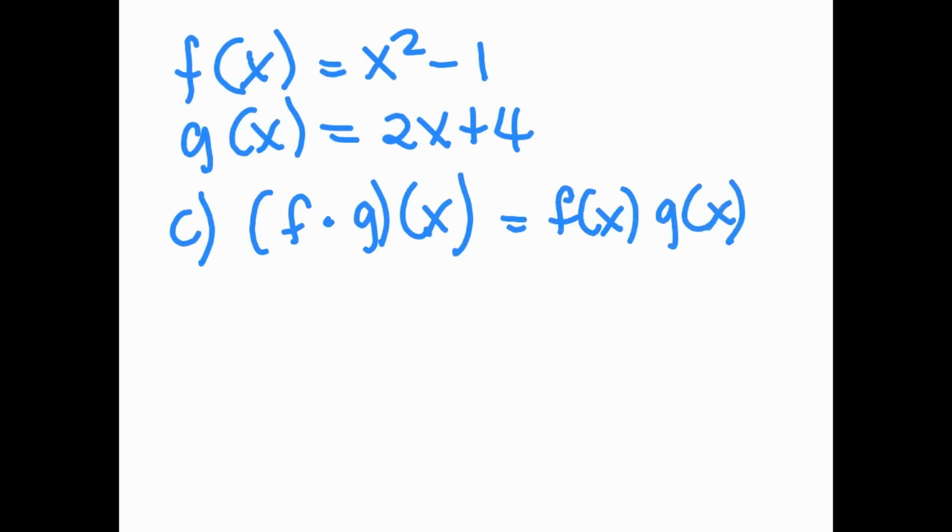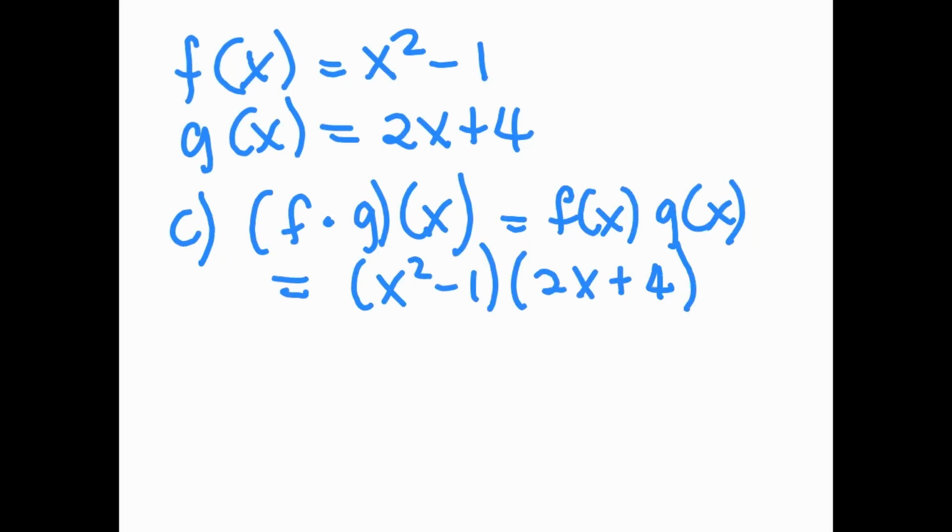These factors, of course, are the functions. So this will be then the quantity x squared minus 1 times the second quantity, that second expression for g of x.